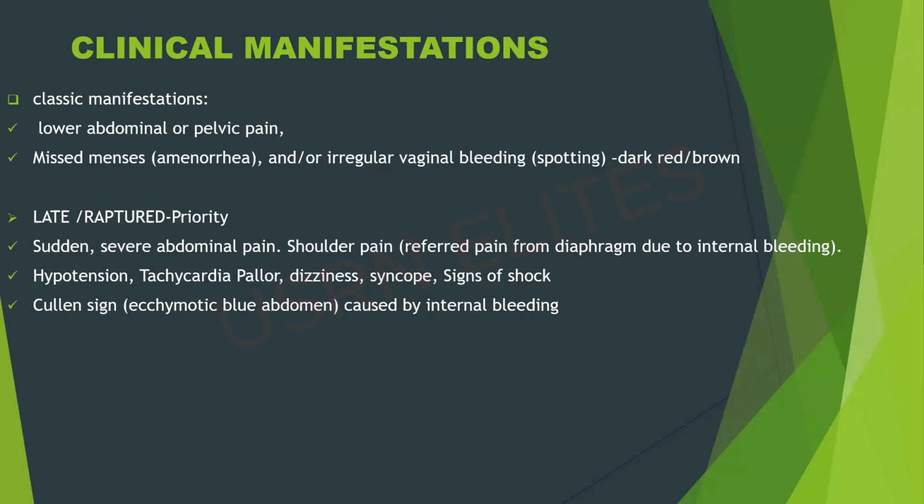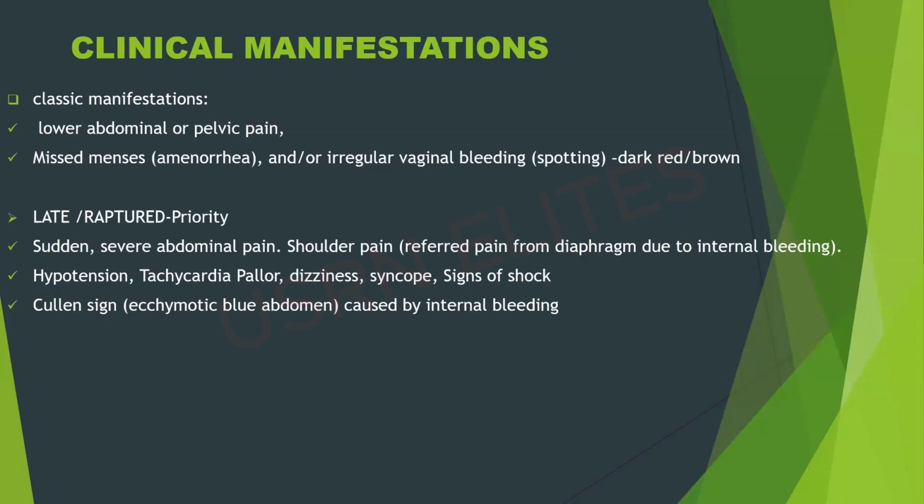So when you are pregnant and you are seeing lower abdominal pain or pelvic pain, you have to do further investigations. You are getting amenorrhea. Sometimes menses comes, sometimes it's not coming, or sometimes you see spotting of blood coming through the orifice.